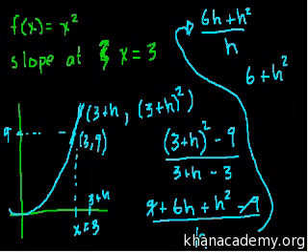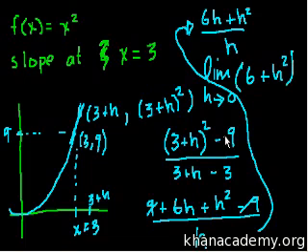So if we want to find the instantaneous slope at the point x equals 3, where f of x is equal to 9, or the point (3, 9), we just have to find the limit as h approaches 0. Well, this is an easy limit problem. What's the limit of 6 plus h as h approaches 0? Well, it equals 6.